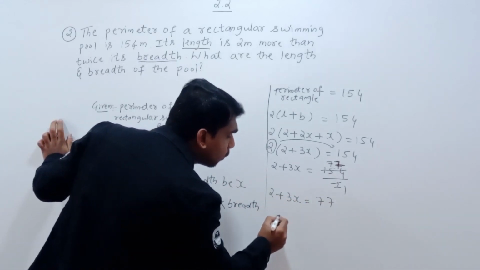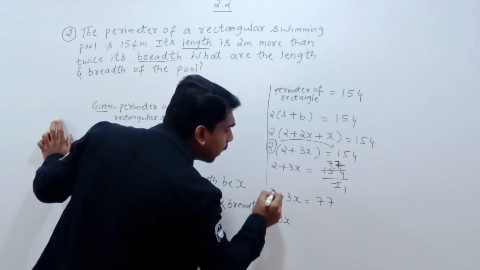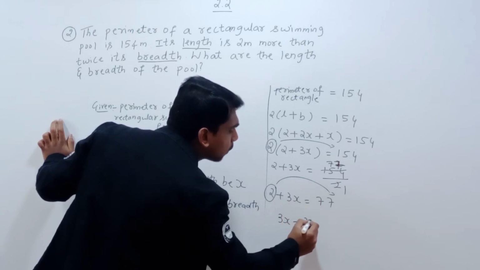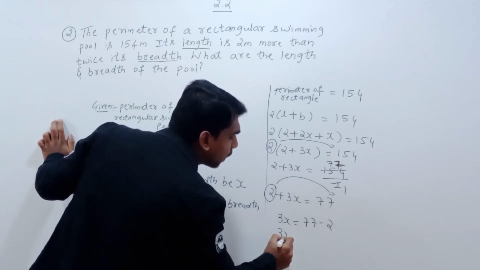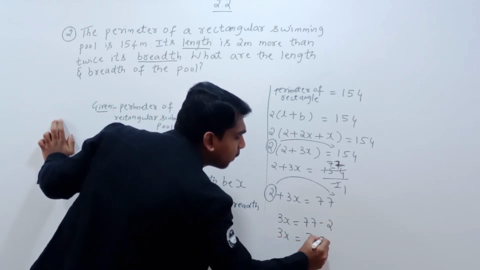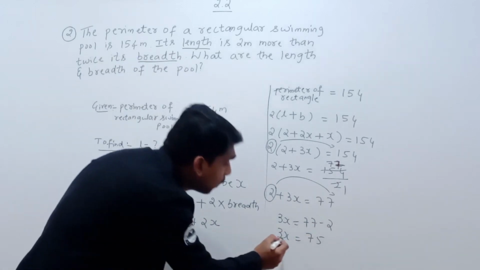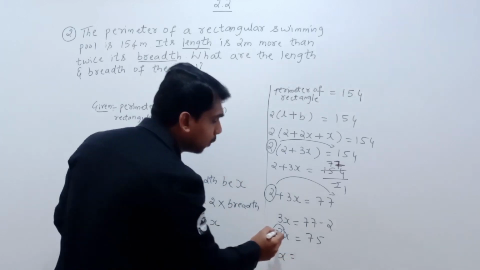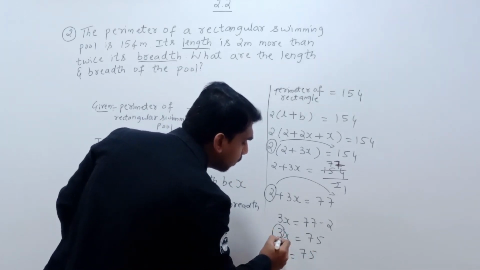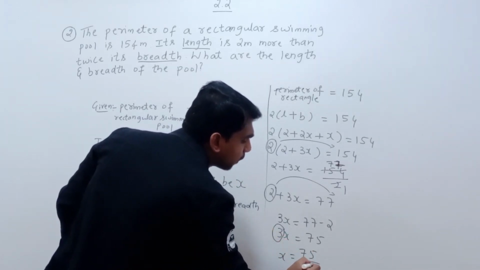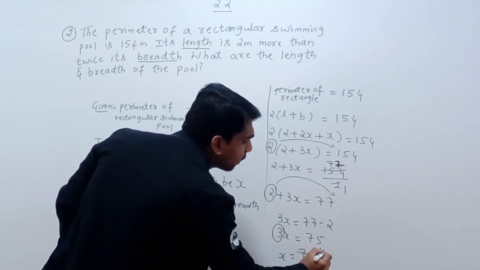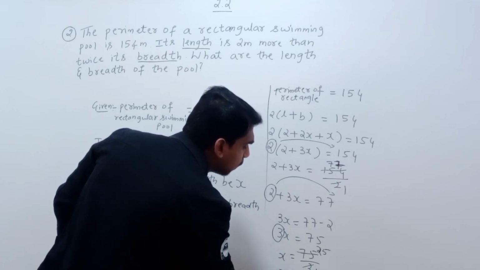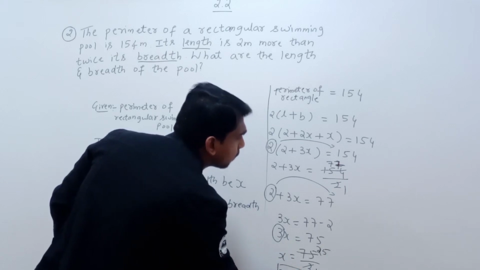Now since we have to find the x value, we will move plus 2 to the right side. Plus 2 will become minus 2. 77 minus 2 will become 75. Now here the 3 is multiplied, so x equal to 75 divided by 3. 3 ones are 3, 3 twenty-fives are 75. x equal to 25.